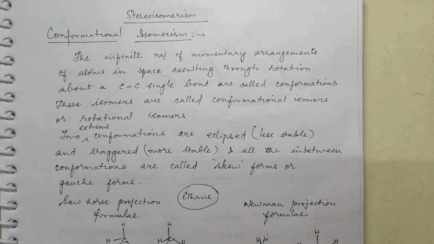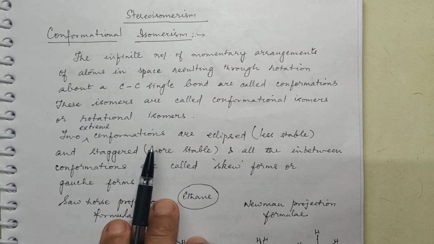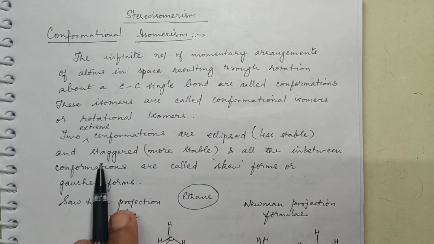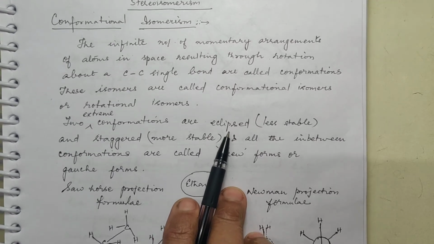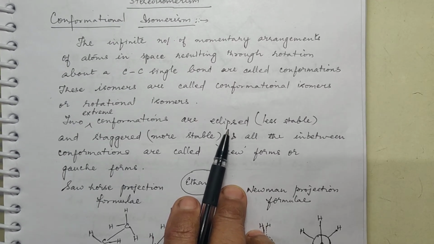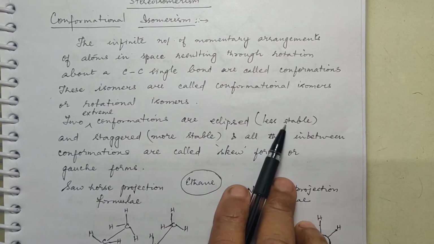Okay. Now, the two extreme conformations are eclipsed conformation and staggered conformation. In the case of eclipsed, I told you, the electron clouds will be close to each other, so they will repel each other. That is why it is less stable.